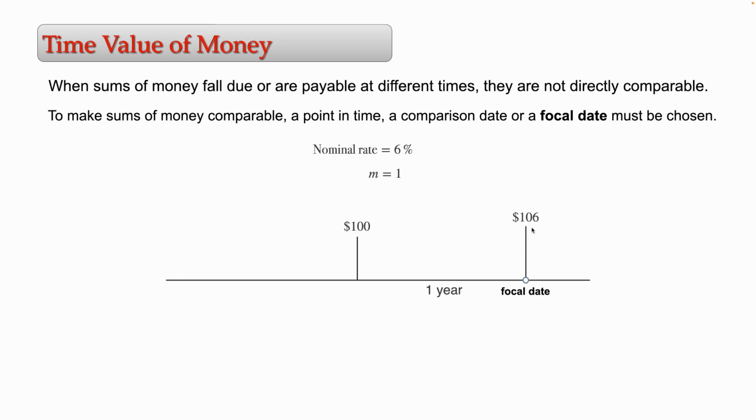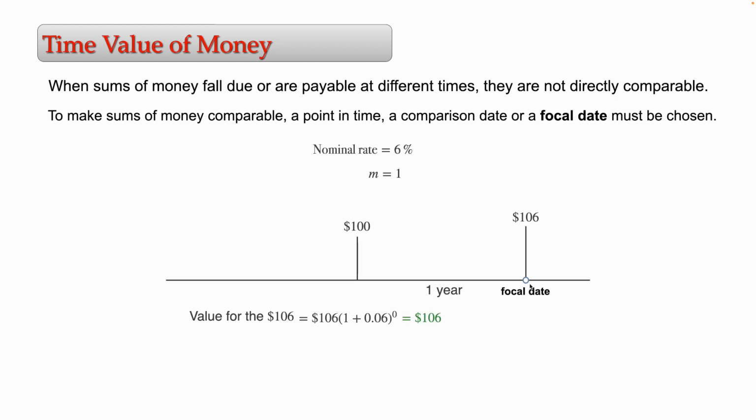The focal date is the same moment when the 106 is due. So there is no time. The n equals 0. If you want to compute using the formula, the value for the 106 equals 106 times 1 plus 0.06, that is the periodic rate of interest, to the power 0. But any number to the power 0 is 1, so it's 106 times 1. This is 106. So the value of this 106 is 106.